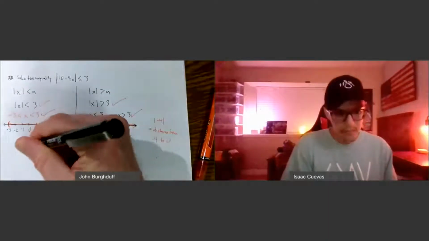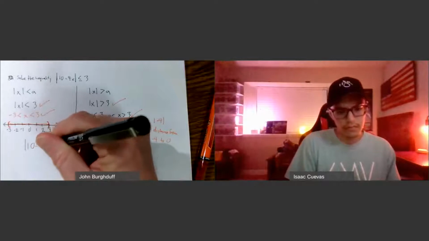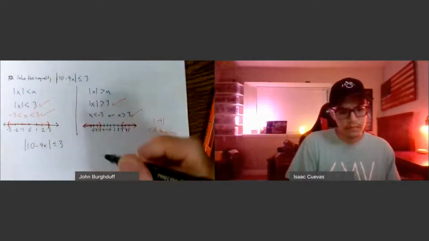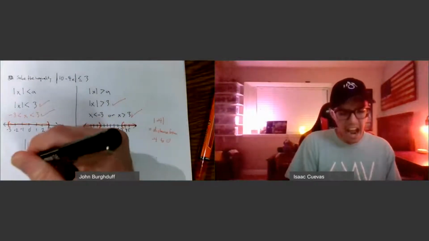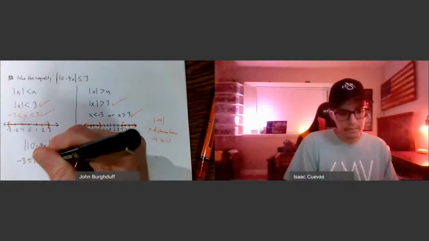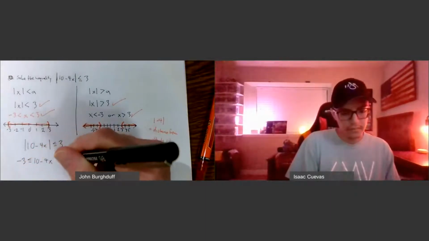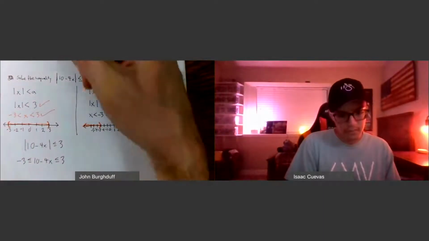What we will do is we'll say, let's rewrite that to where instead of saying the absolute value is less than or equal to 3, we'll say that whatever that is in absolute values is between -3 and +3. Kind of using this as a pattern.